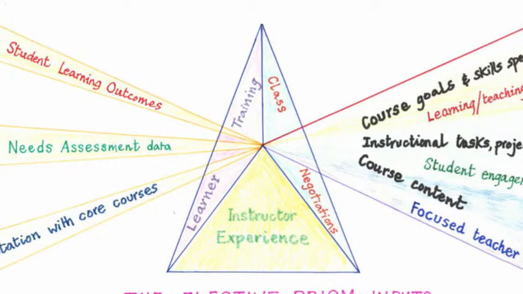The procedures within the prism that take place during mostly the first week of the class is the application of the instructor's own experience to this particular area, negotiations with the class, not only looking at needs and language issues, but also in terms of interests and preferences.